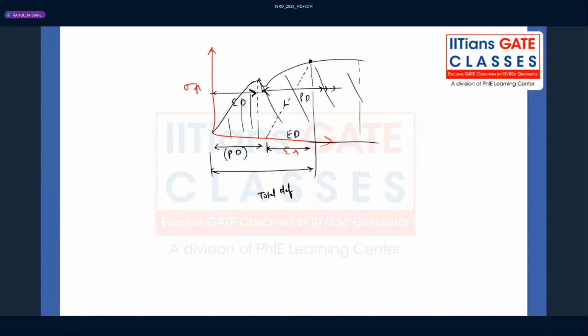But if you load only up to here and unload, you will only have elastic deformation and no plastic deformation. That is a very rare case.